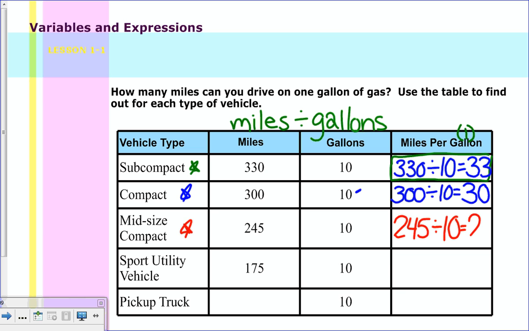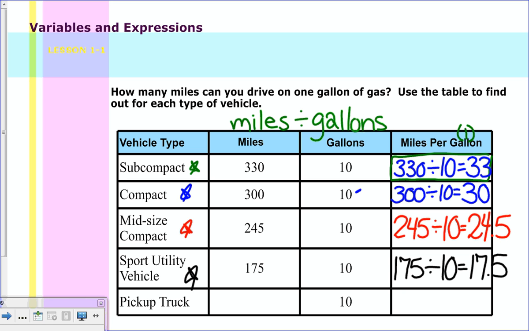And if you divide that out, that is 24 5/10. Then we get that sports utility vehicle, which is a big one. And as you can see, that can only go 175 miles on 10 gallons of gas. So that leaves us with 17 5/10 miles. Then we come to a pickup truck.